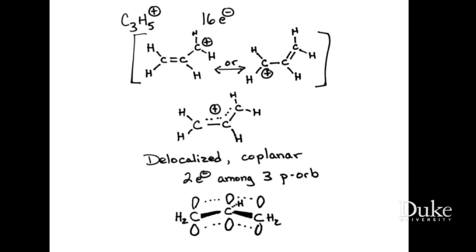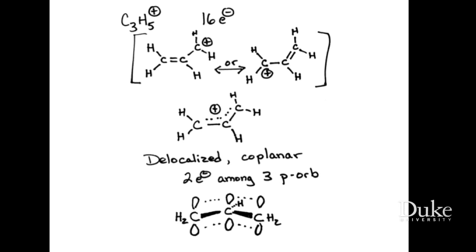And the overlap between all 3 of those p orbitals gives rise to a series of molecular orbitals. In this case, there are 3 atomic orbitals going in, so there must be 3 molecular orbitals coming out. And it's the net sum of those 3 orbitals that's present in the molecular orbitals.